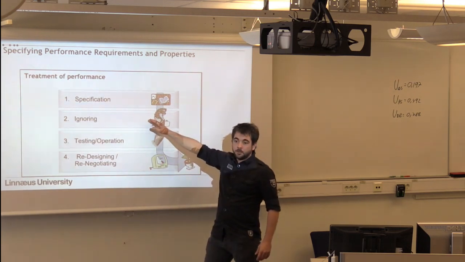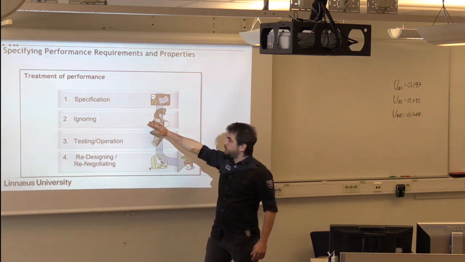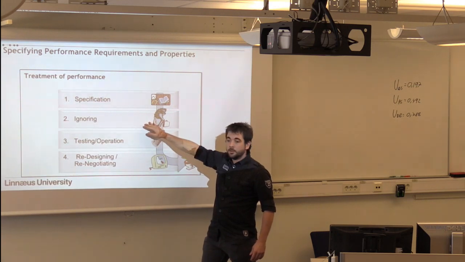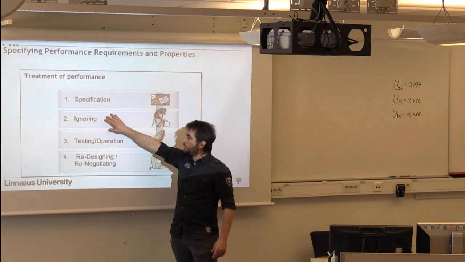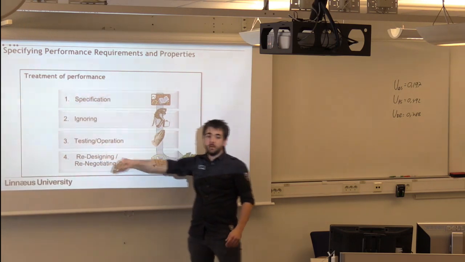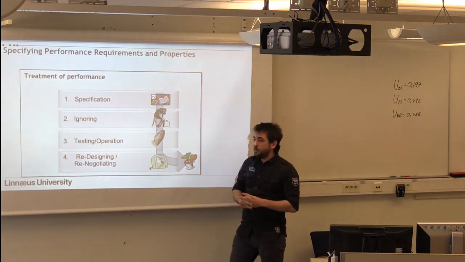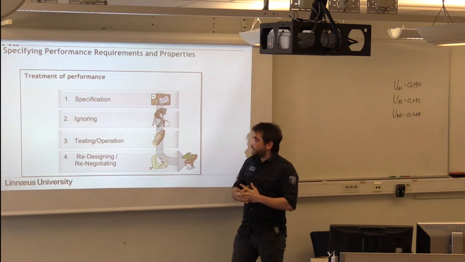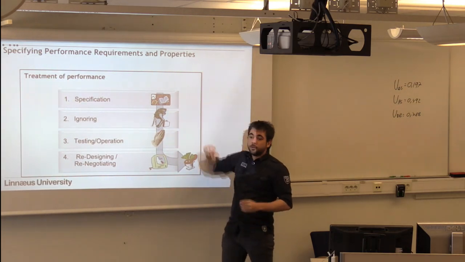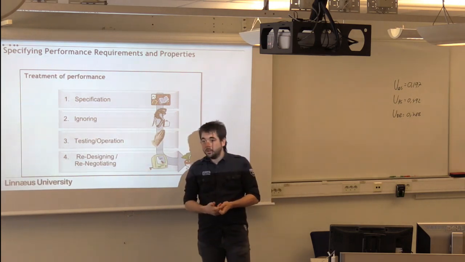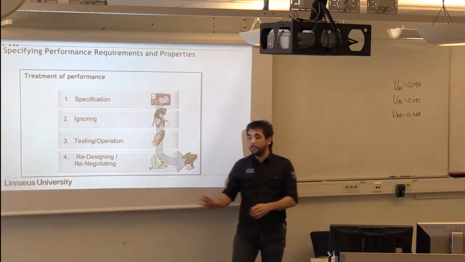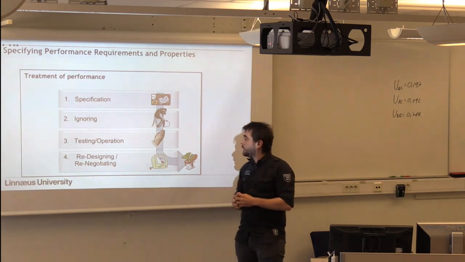Then during the design and development of the system, you ignore them. Then when the system is coded, the code is available, when you are testing it or operating it, you hope that the performance requirements are satisfied, but in practice you didn't do anything to meet them. You just specify it and then hope for the best.